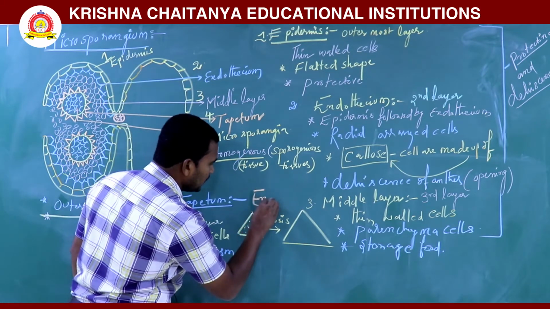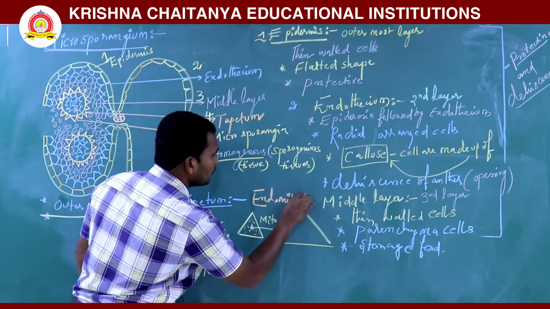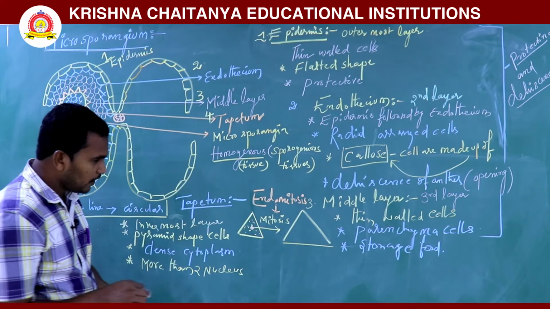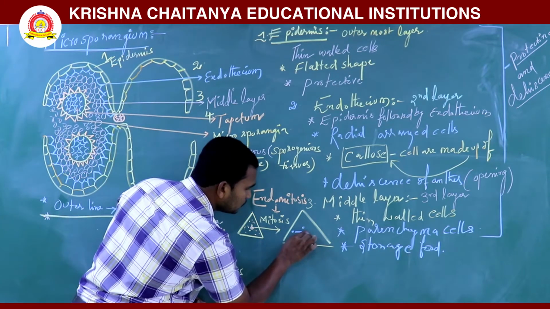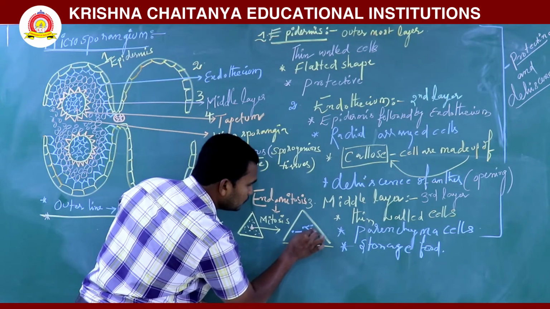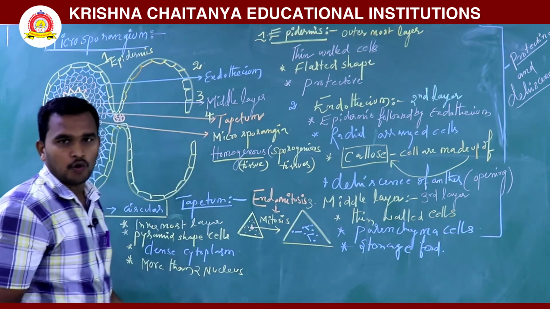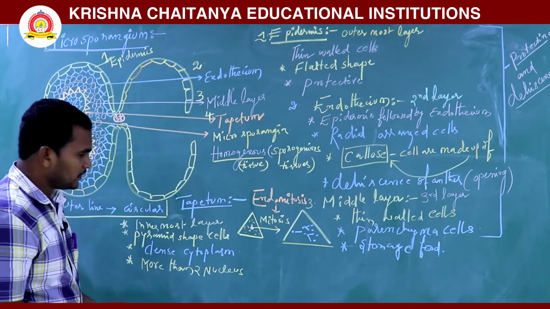This is called endomitosis. The nucleus divides into two, and again into two, so a larger number of nuclei are present.